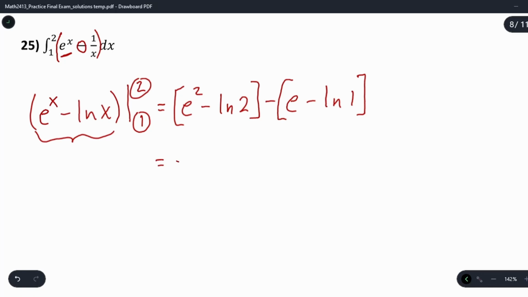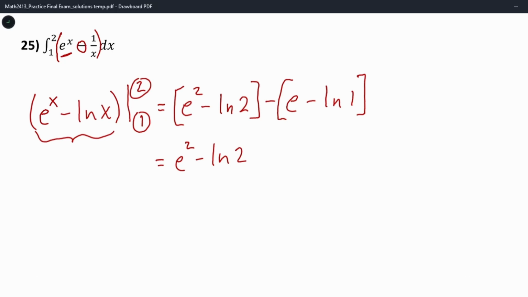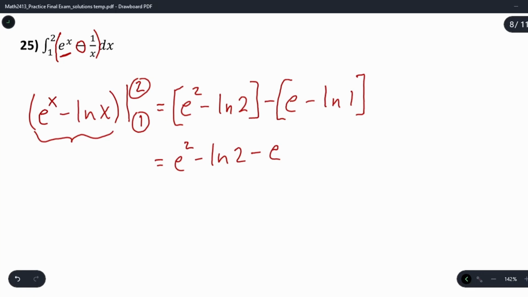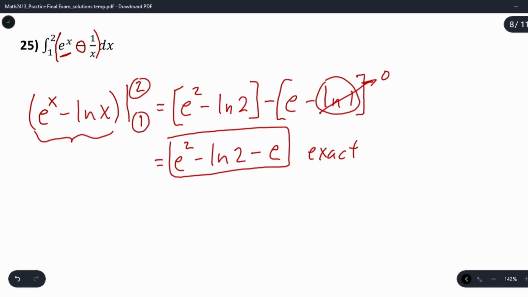And then if I simplify, e squared minus natural log of 2 are going to stay the same in order to keep the answer exact, minus e, and then we know that the natural log of 1 is 0. So that just goes to 0. And then this would be our answer if you want the exact value. Otherwise, you would need to put that into the calculator if they ask for an approximate value.